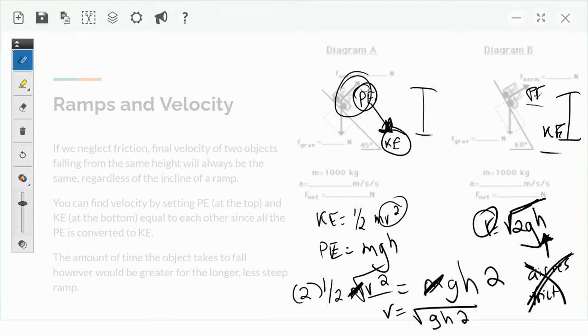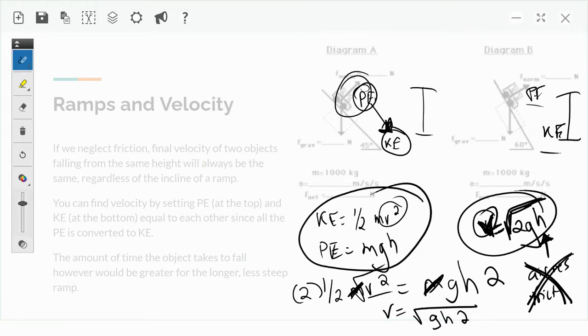Because of that, the velocity of any object falling from a height, doesn't matter if it's a ramp or if it's straight down, is the square root of 2gh. And again, we derive that from setting KE equal to PE.